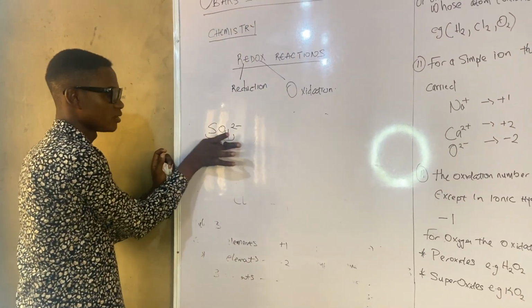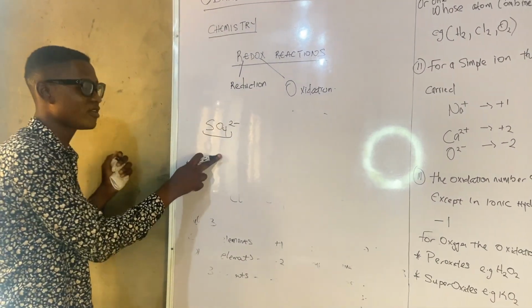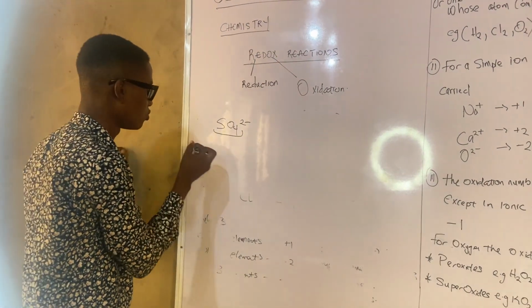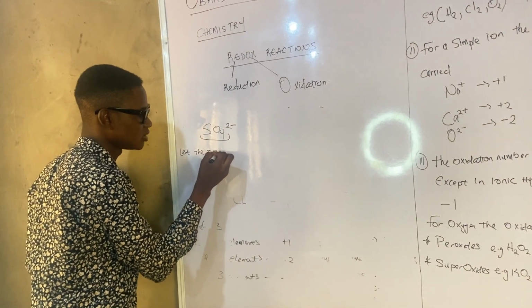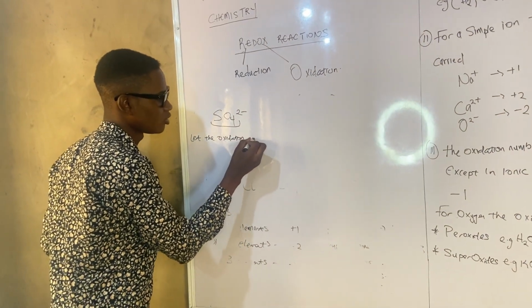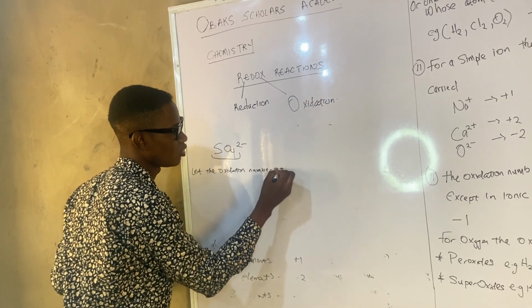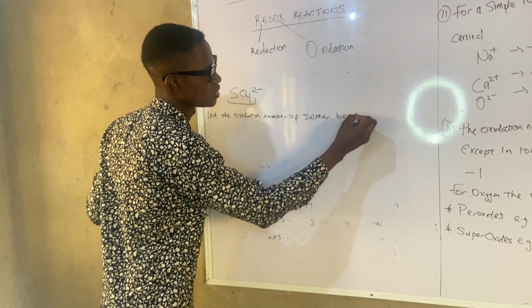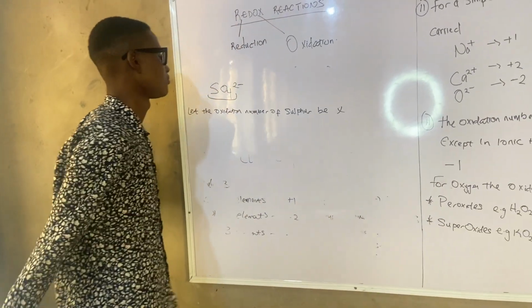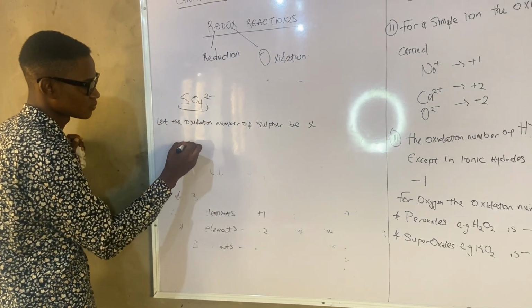And let us do the calculations. We are looking for the oxidation number of sulfur. So put, let the oxidation number of sulfur be X. We can put X, right?